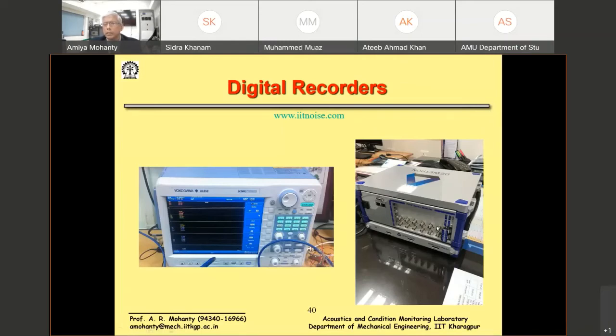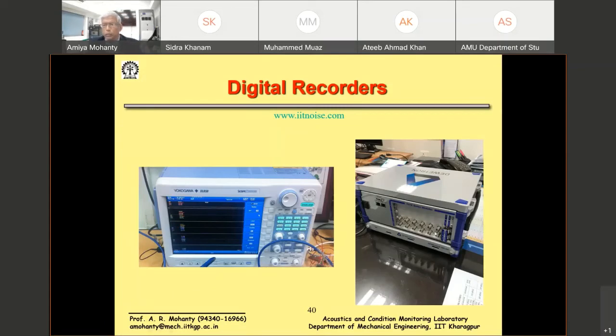Similarly, this is the latest one which I was talking about. This has 12 channels. Each can be sampled. Now, I'm not going to talk about the sampling frequency on data acquisition, but the digital, because today everything has to be converted from analog to digital. I can put them in digits, and then I can do the analysis in digits.